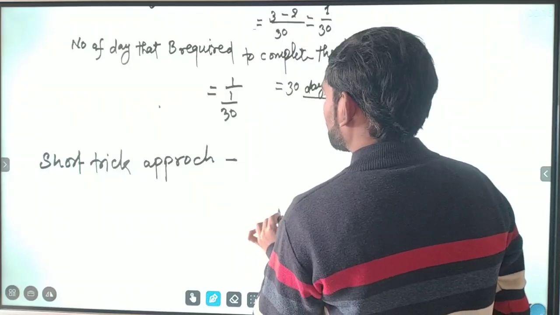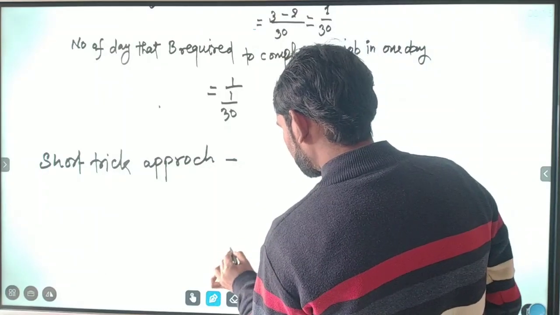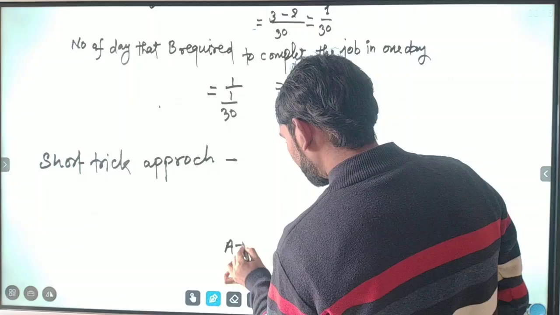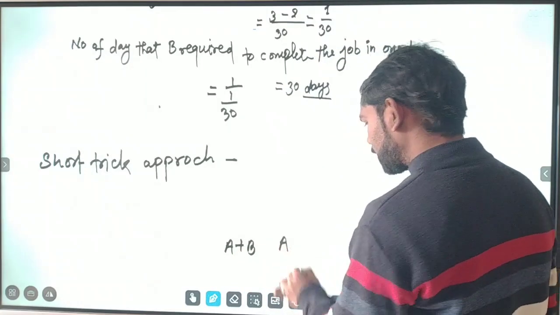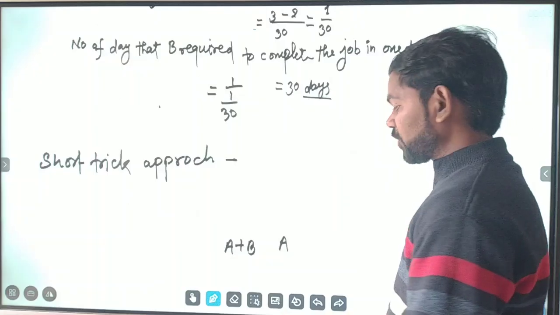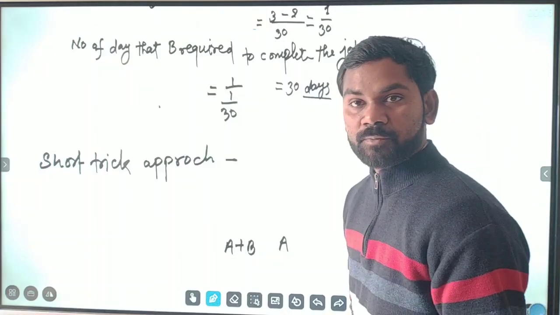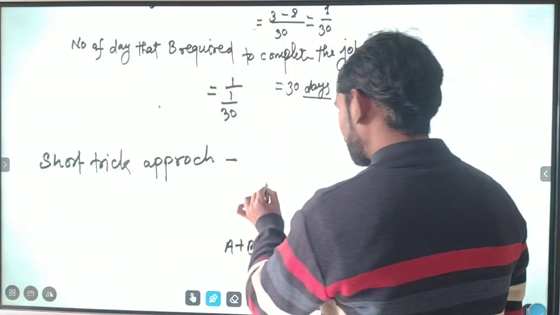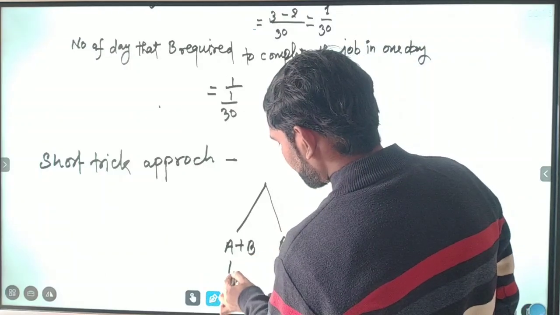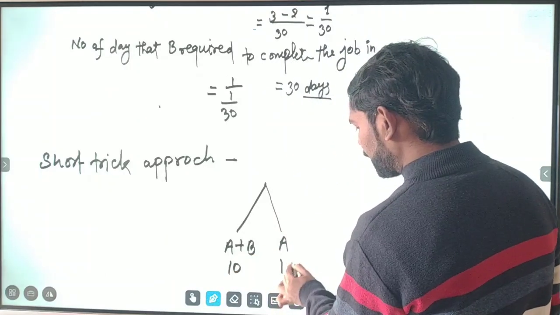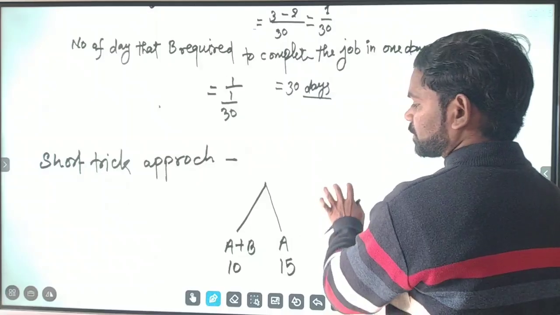Here there are two persons, and the work is completed by A and B, and by A alone, and we have to find the work done by B in 1 day. We write like this: A and B do the job in 10 days, A does it alone in 15 days.